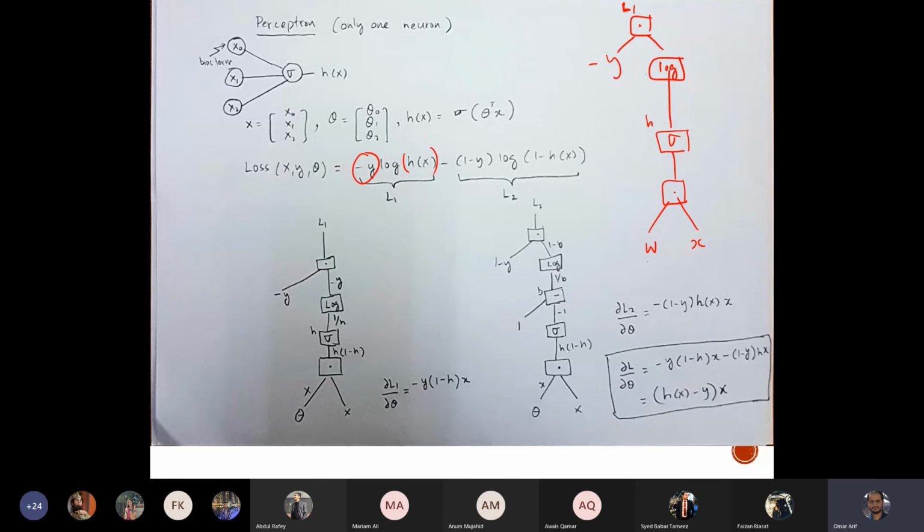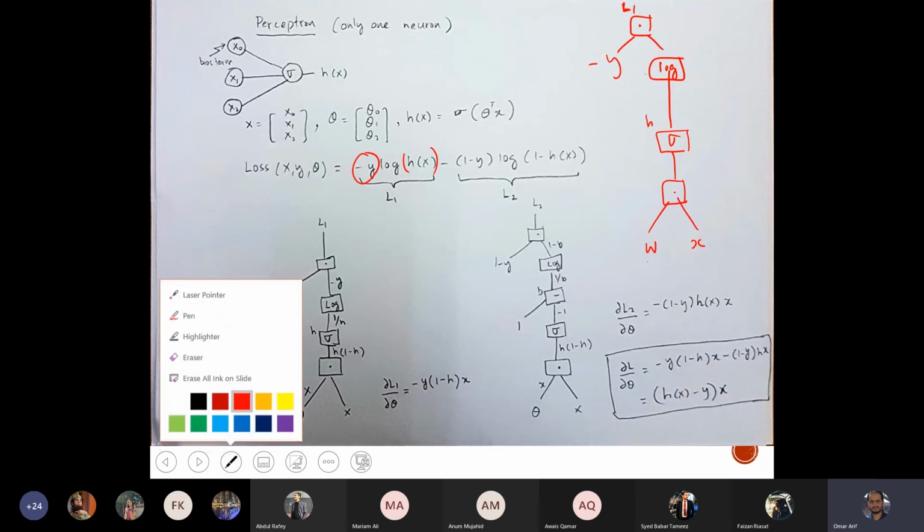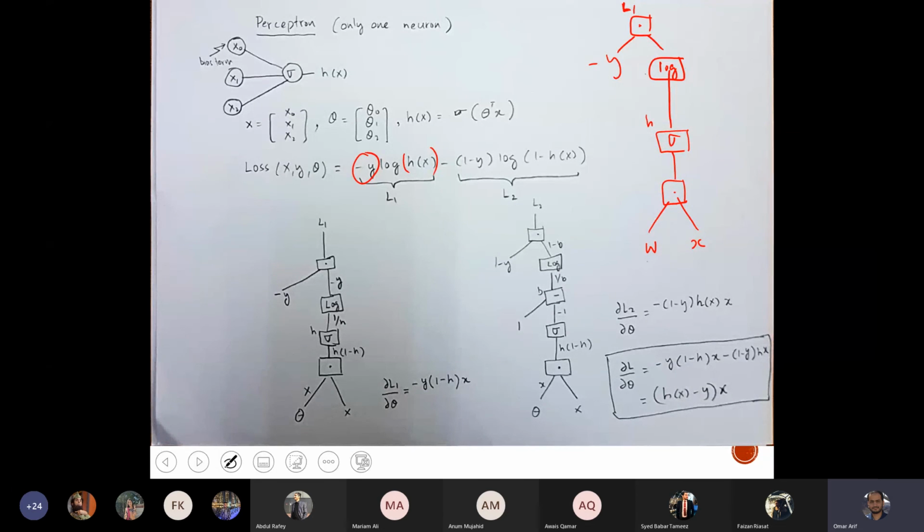Now we have to compute the derivatives on the edges. Which means that once I am computing the derivative of this portion, I just focus on this portion only. I know this is the multiplication, so for multiplication I know the derivative of L1 with respect to this input is equal to minus y, right?